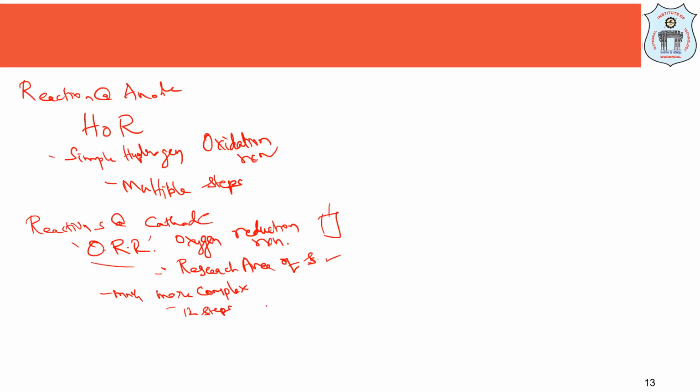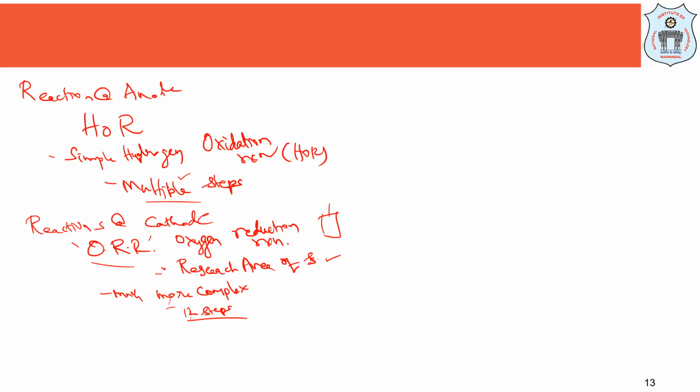Both of these are multiple step reactions. In comparison, the hydrogen oxidation reaction, HOR, is also a multiple step reaction, but the ORR is much more complex.